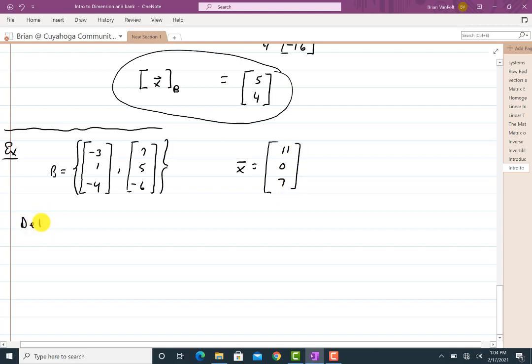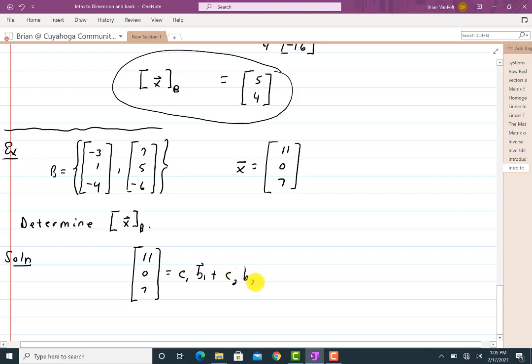So I want to determine x relative to the B basis. And to remind you, this is what we're trying to do. I want to write (11, 0, 7) as C1 B1 plus C2 B2.